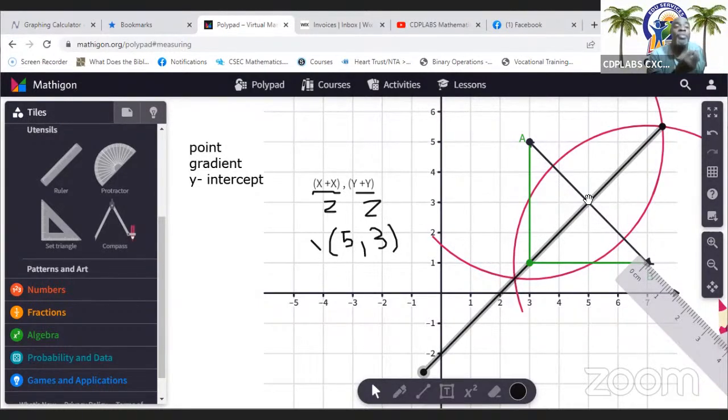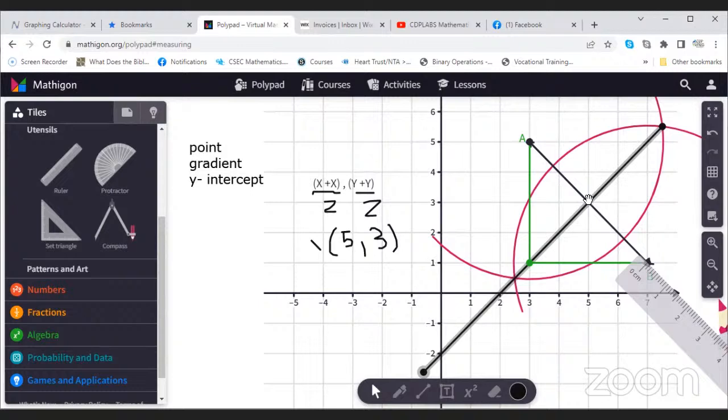So the gradient of two perpendicular lines multiplies to -1. How do we get that? The gradient for the first one was 1, right? And the gradient for the next one is what?